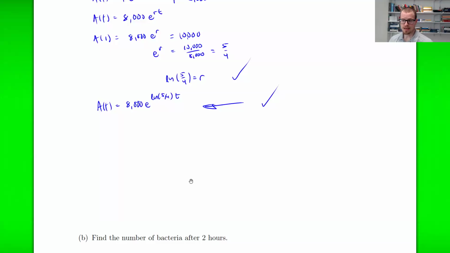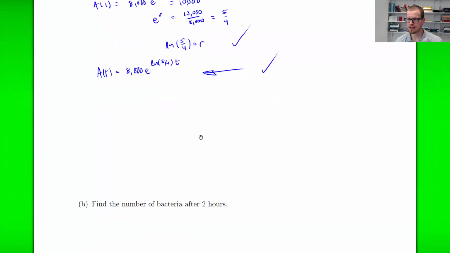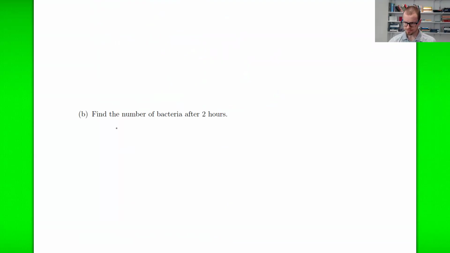If I want to find the number of bacteria after 2 hours, I can do so simply by evaluating our function. A of 2 is equal to 8,000 times e to the natural log of 5/4 times 2. Now I could perform some simplification here, or in the case that you rounded this and gave a decimal approximation, that's fine.